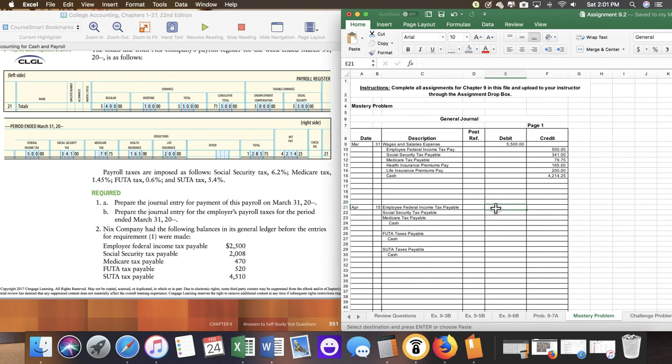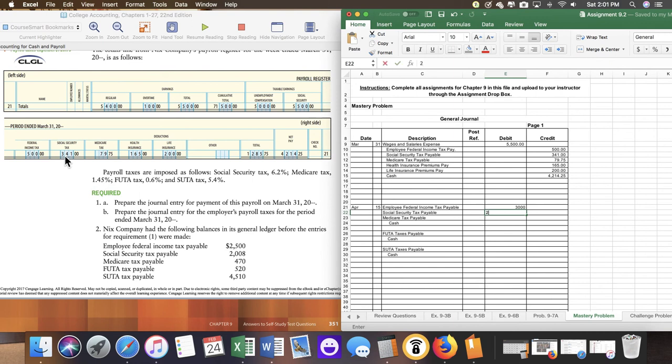And then you're going to do some calculations. So federal income tax before our March 31st payment was $2,500. Now we need to include the $500. So that would be $3,000. So Social Security, we had a balance of $2,008. We're going to add $341 to that.